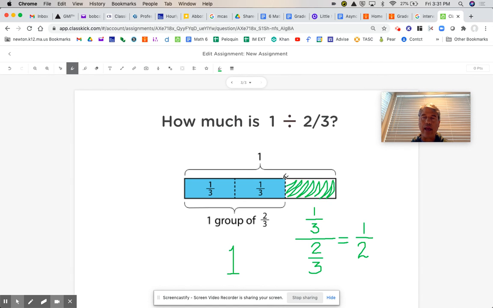What I really have is 1 full group of 2/3 and half of a group of 2/3. So really, I'm taking this third of a length, dividing it by 2/3 of a length, and I end up with 1/2. So my answer to what is 1 divided by 2/3 is 1.5.